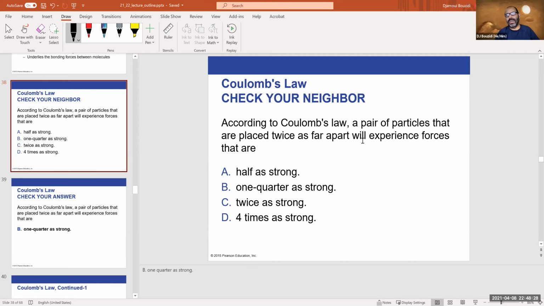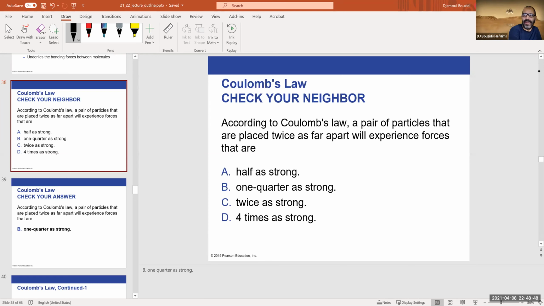Okay, according to Coulomb's law, a pair of particles that are placed twice as far will experience forces that are, in this case, 4 times as much. I'm sorry. A pair of particles that are placed twice as far. Oh, I'm sorry, it goes down. What am I talking about? Yeah, it's 1/4.